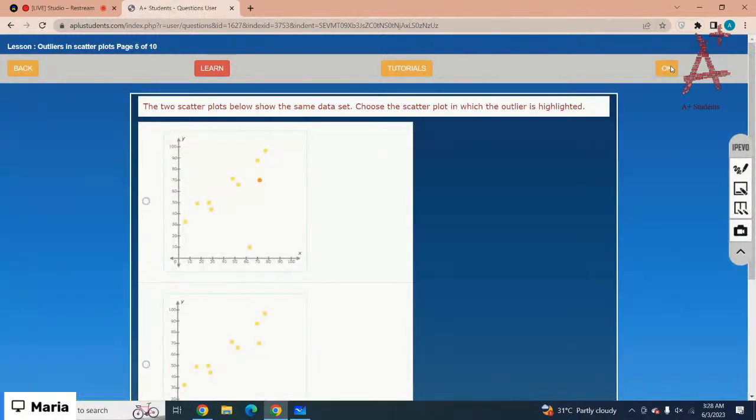Okay, the two scatter plots below show the same data set. Choose the scatter plot in which the outlier is highlighted.